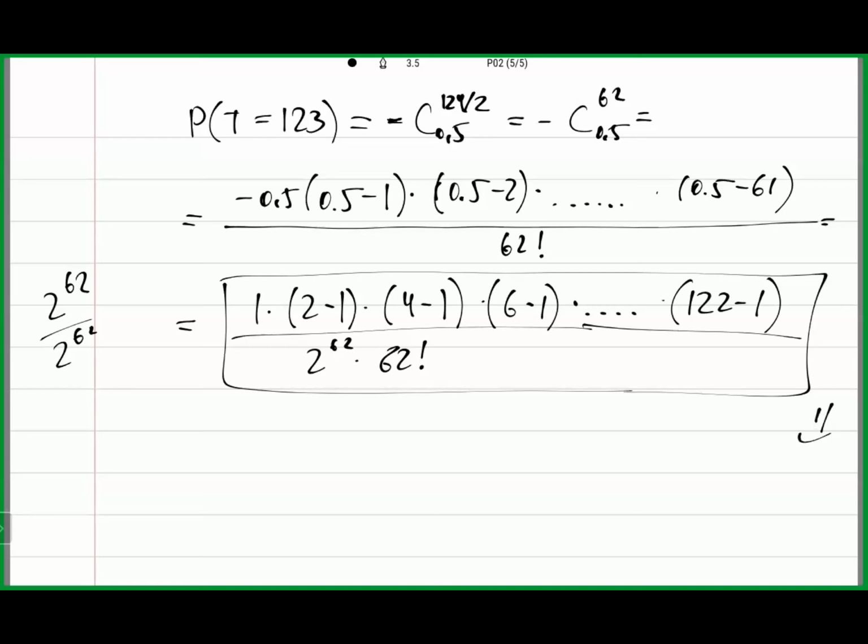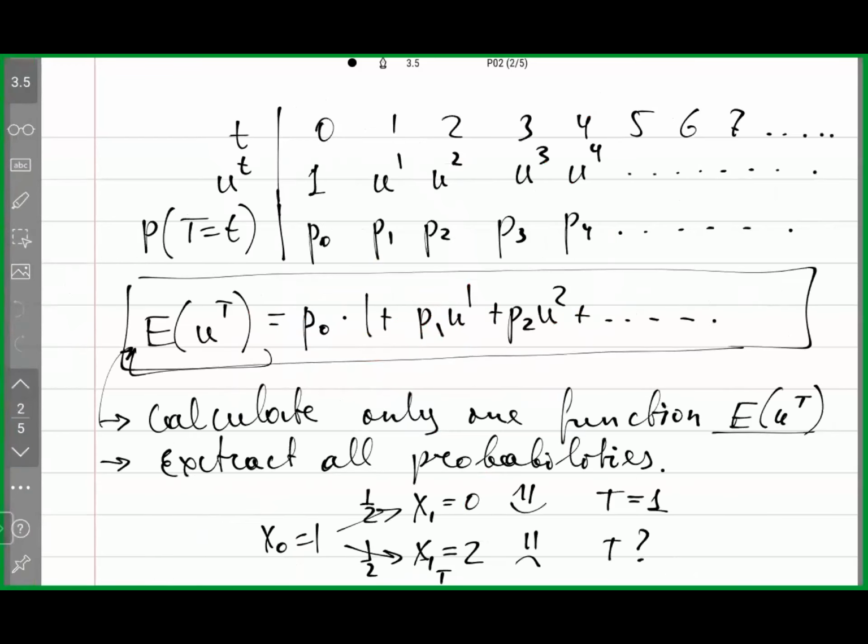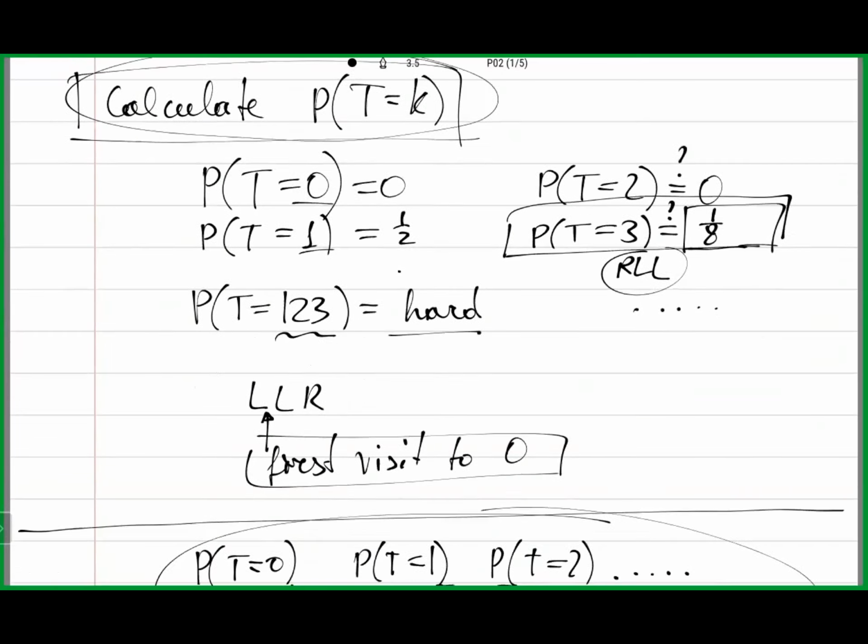I think we have done a big job. We have done a great job because we have solved a rather complex problem. There are two techniques that were used. The first technique is the idea that we can pack infinitely many unknown numbers into one function.